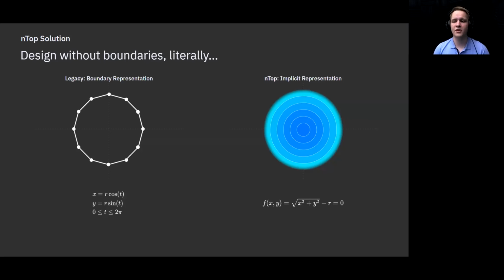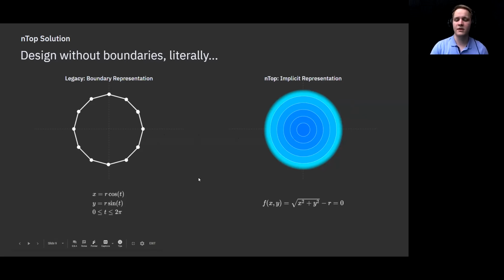So what does that kind of look like on the back end, right? I can tell you we can do these things, but how does it happen, right? What's the magic? Well, on the left here, you can see a very simple representation in your legacy tool, and the equations needed to represent that patchwork of faces that it uses to represent your geometry. Pretty simplistic. As well as over here in our nTop model, our implicit representation, we have a very simple equation as well.